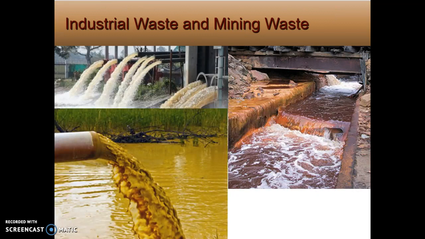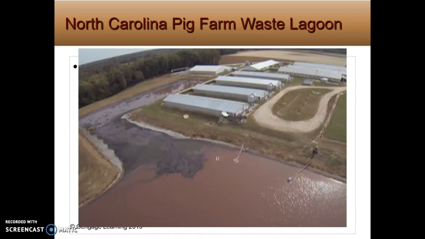So just to fix some images of what industrial mining waste may look like, we'll give you some more examples when we're in that unit. This is a picture of a waste lagoon from a pig farm in North Carolina. What you're seeing there at the bottom is a lagoon of both solid and liquid waste from those pigs.